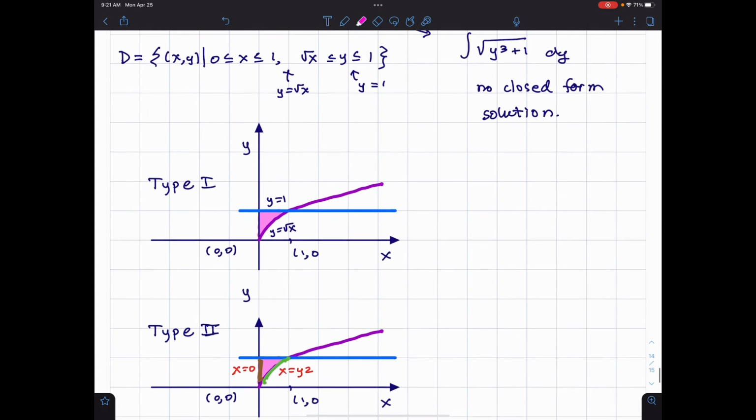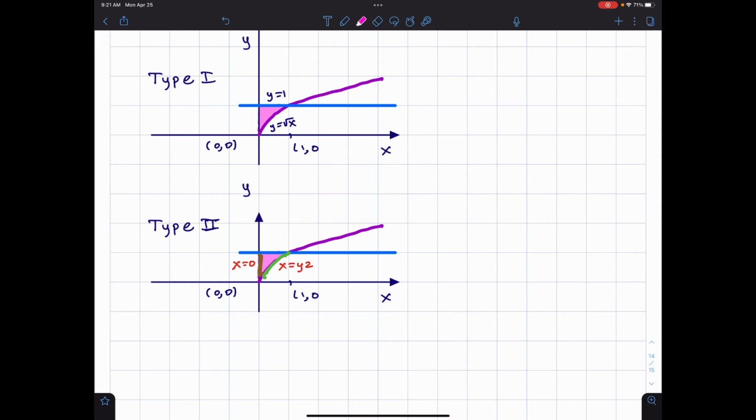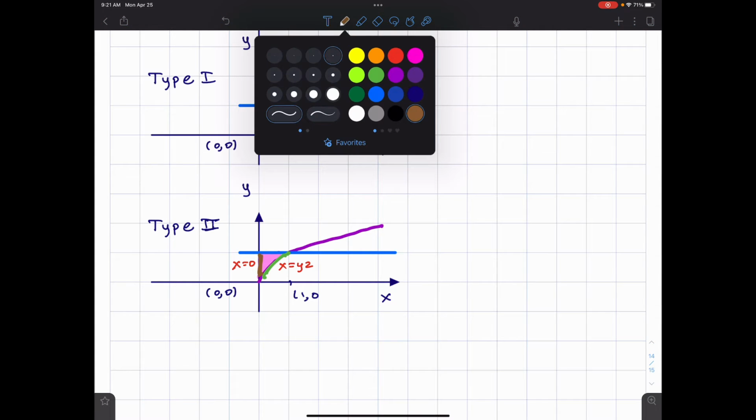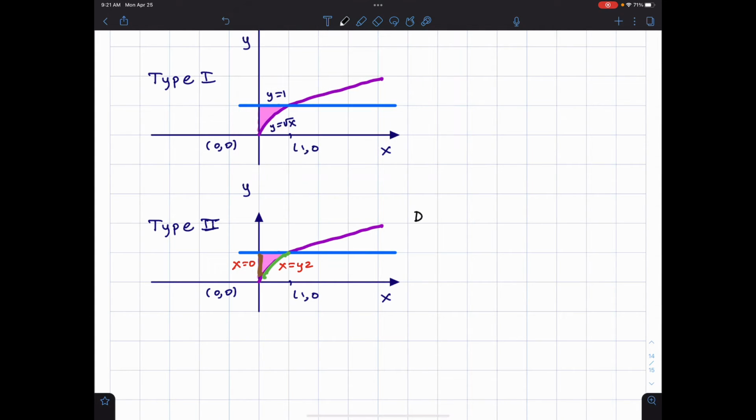So for type 2, D equals all (x, y) such that, as we see, this is the point 0, 1, y is between 0 and 1, and x is between 0 on the left and y squared on the right.